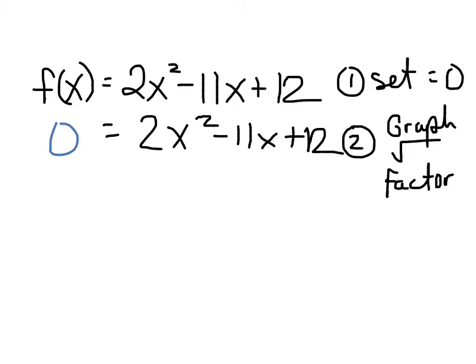So graphing, if we remember from last week, graphing method was put it into y equals and see where it crosses the x-axis. Can you do that? And if you can't, and if you weren't here, maybe your partner at your table will show you. Square rooting. This one will not square root because we have a negative 11x in the middle.